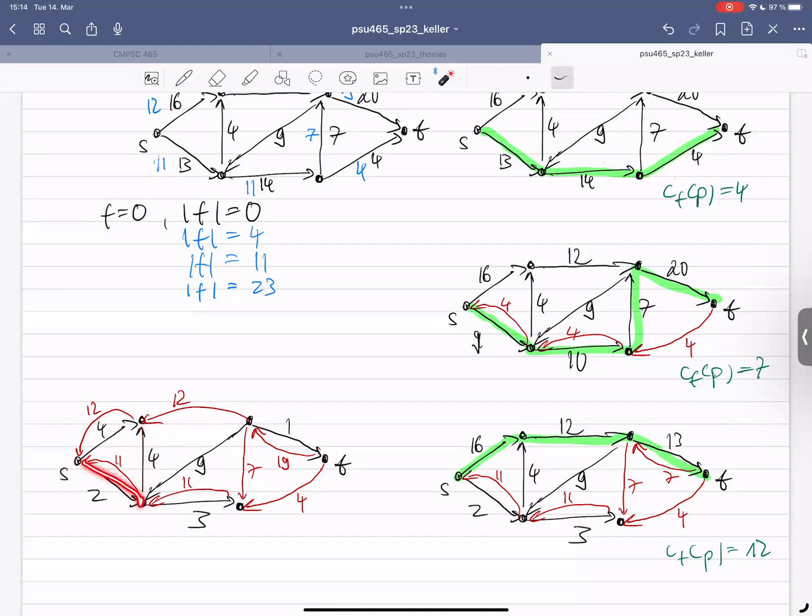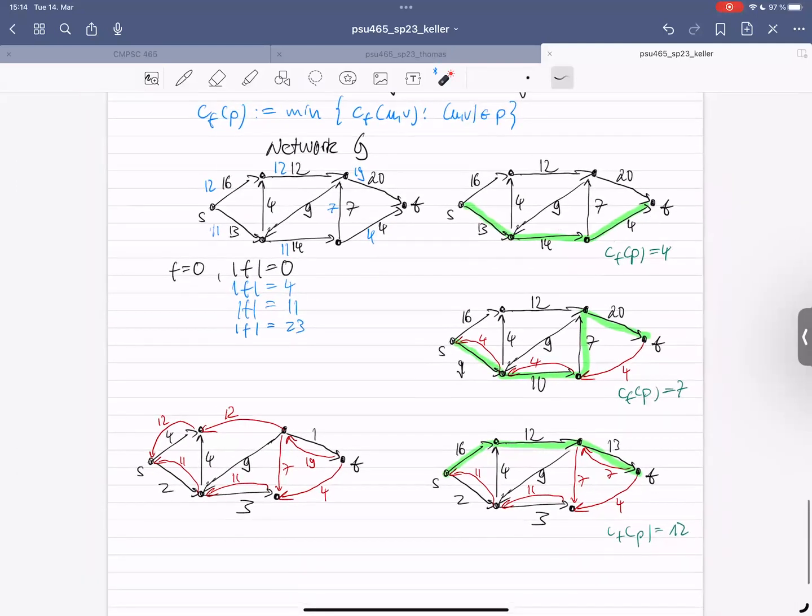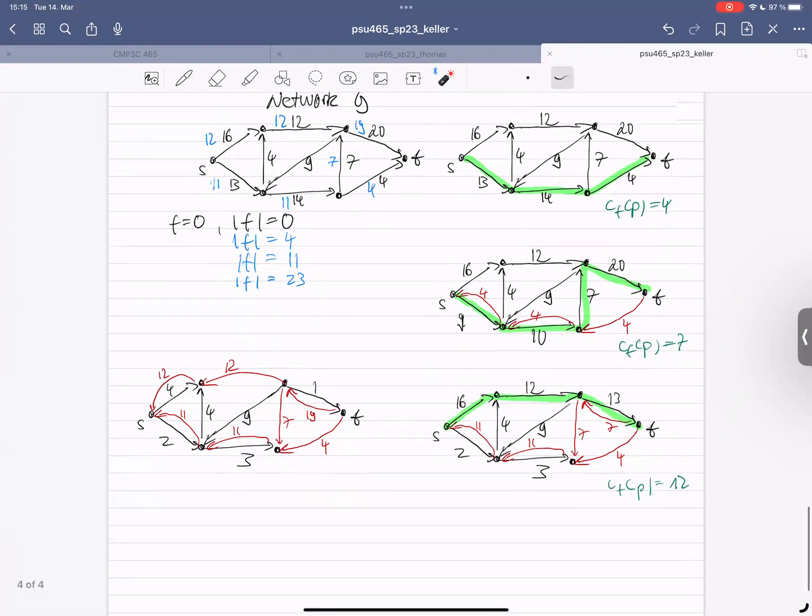Or we could just continue walking along this edge and again get stuck because all other edges are entering this vertex. So we won't find any augmenting path anymore in this new residual network, and this is where the algorithm terminates. Hopefully with an optimal maximum flow. It's not a surprise that this is the case, but we're going to show this later.